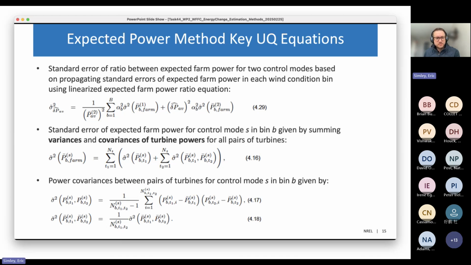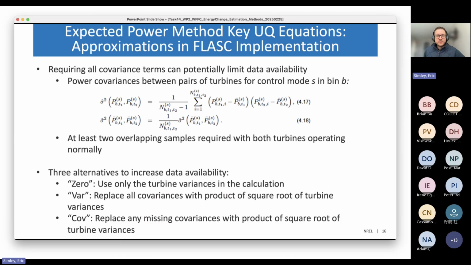So we have to compute this covariance matrix and then sum all the terms to get the variance of the wind farm power in that bin. And then the bottom equations are just how to compute the variance or the standard error between any pair of turbines. So this is nice because you just have to compute these equations once, and then you can quantify the uncertainty by propagating the standard errors. There's no need for the more computationally expensive bootstrapping.